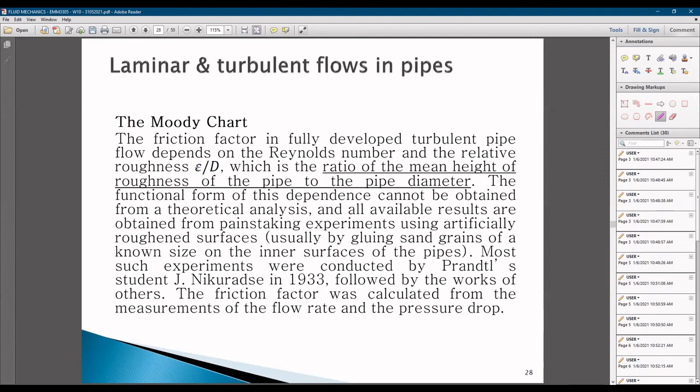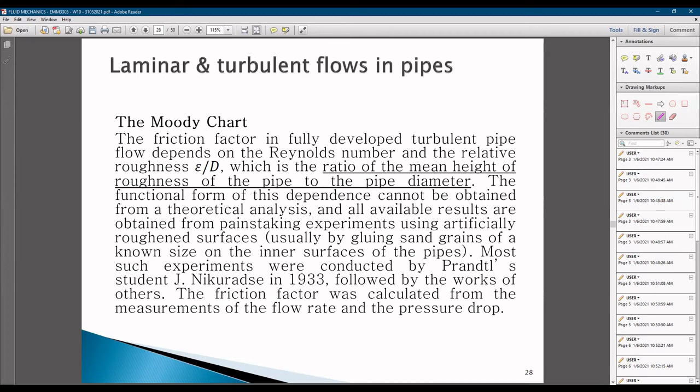Sigma is the height of the roughness, and D is the pipe diameter. The functional form of this dependence cannot be obtained from a theoretical analysis, and all available results are obtained from painstaking experiment using artificially roughened surfaces.